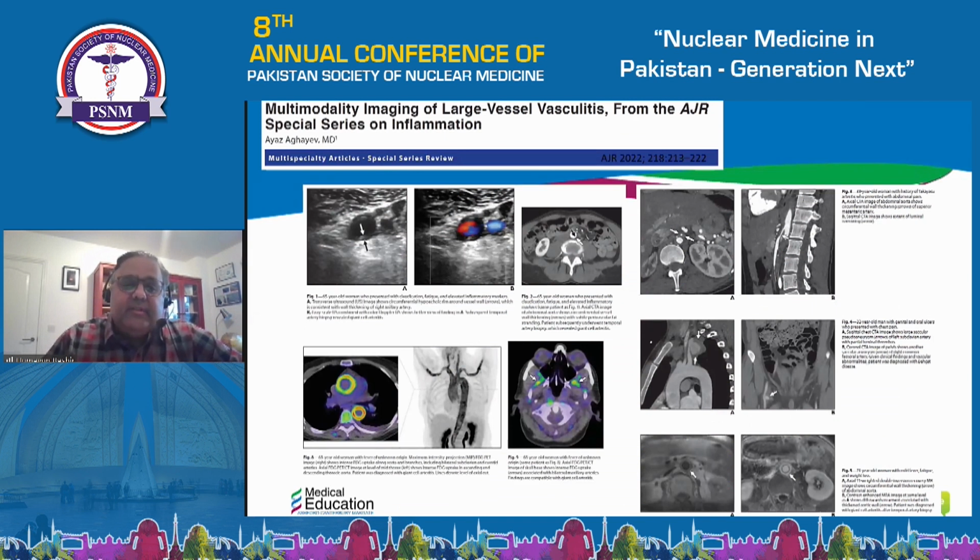So in this slide, you can see the examples. On the top side, this is a halo that we see on the ultrasound for vasculitis. Here in the middle, we have this thickening of the abdominal aorta wall, representative of vasculitis. This is a stenosis, and it can be seen nicely in the sagittal view. In the bottom, we have 3 images from the PET-CT, nice donuts involving the ascending and the descending aorta.